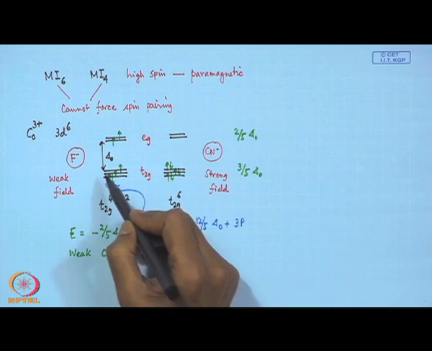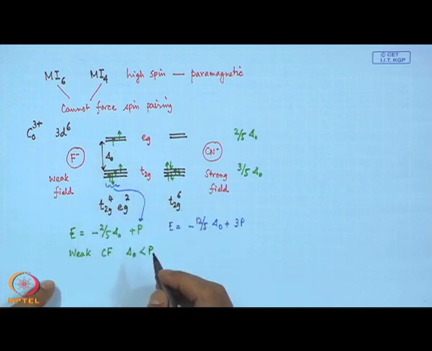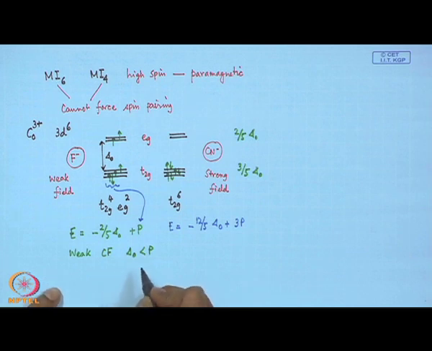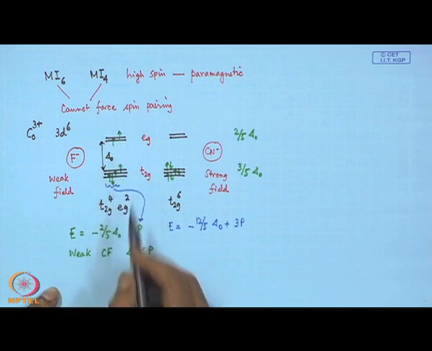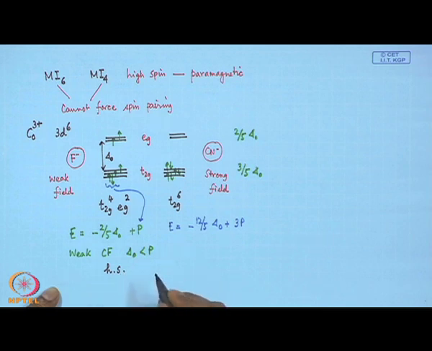That is why the electrons will go from the lower to the upper level. So, delta O is very small compared to the pairing energy, we will have less pairing, and we get the high spin complexes having 4 unpaired electrons.